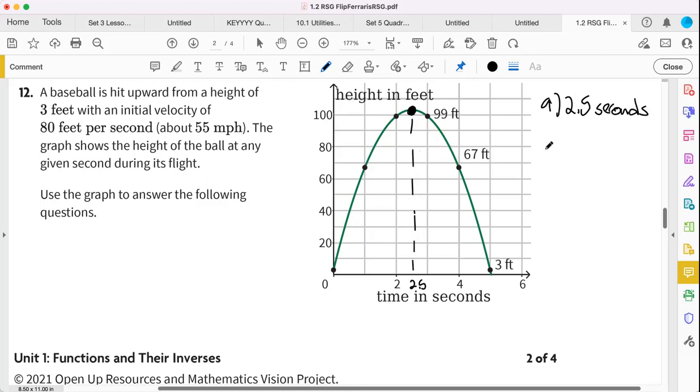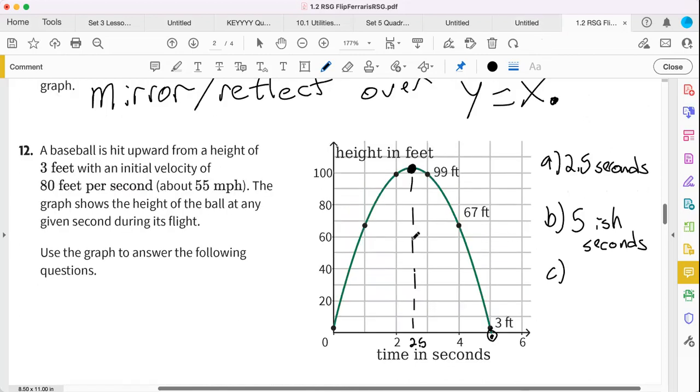I think part B asks, how many seconds does it take for it to return back down to Earth? You could say that it's like 5-ish seconds. That's fair game. Part C asks, at 67 feet in the air, what time does that happen? We see that 67 feet is about here.